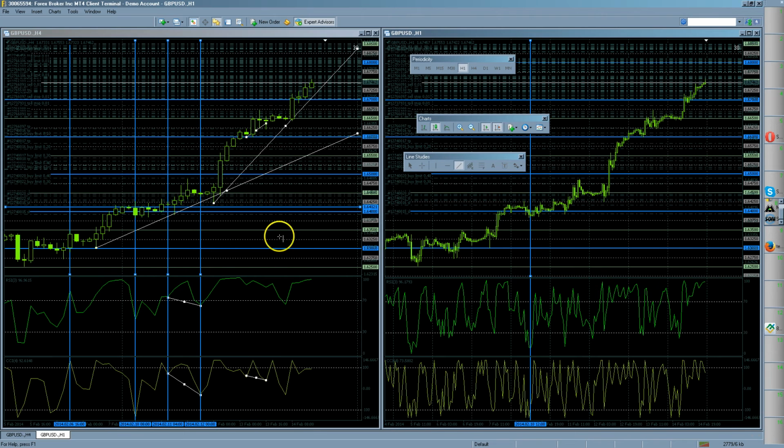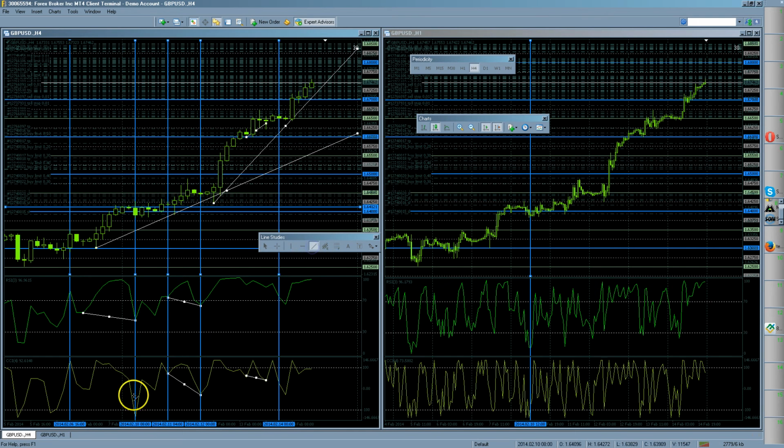It's kind of a long-legged reversal here, right here, and right here is the other reversal where you're more oversold and you're at a higher price in comparison.